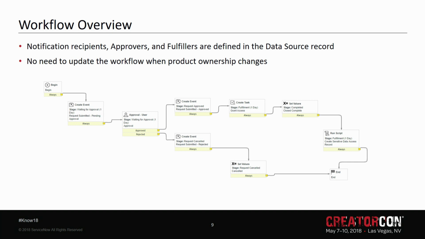So when I get to the approval step of this workflow, ServiceNow is checking that data record, it's looking at the data source, and it's saying, right now, today, who's the approver for this? And once it gets approved, we go on to task generation. We're checking with ServiceNow again. We're saying, okay, it got approved. It's been 5 minutes. Has the fulfiller changed? I need to check that data source record. Okay, this is the current fulfiller. Let's assign it to that group. So by doing it this way, we've managed to create, first of all, a very simple workflow.